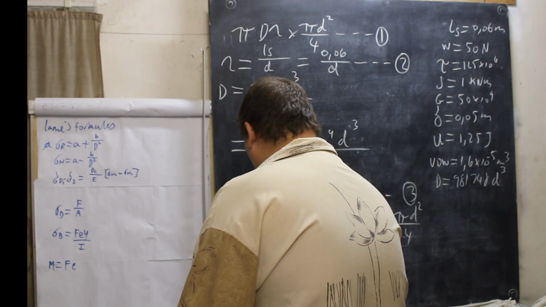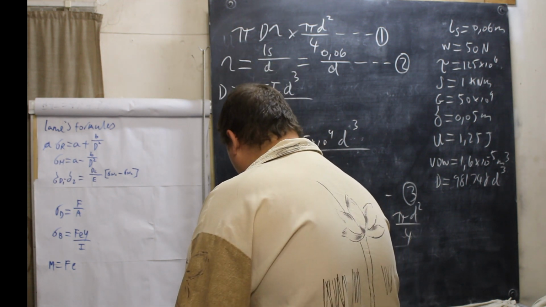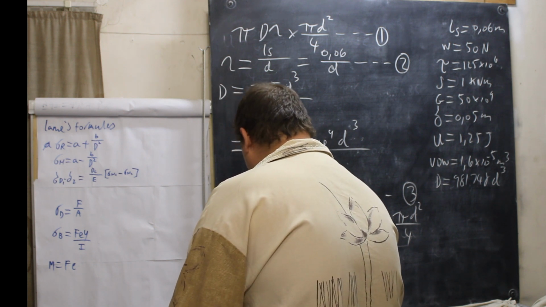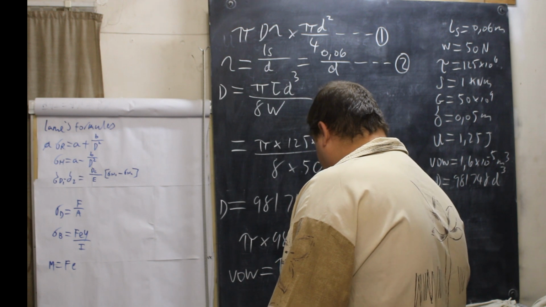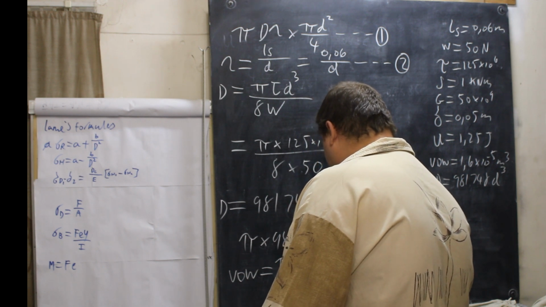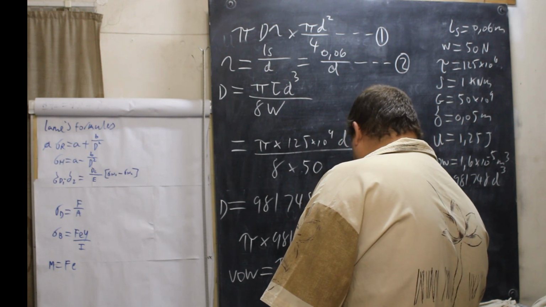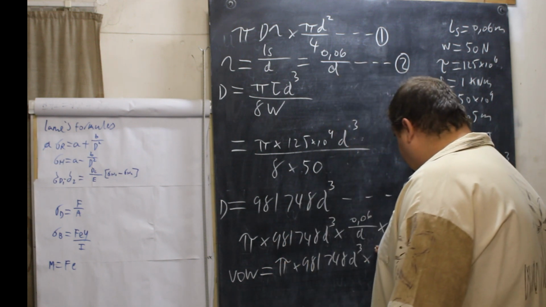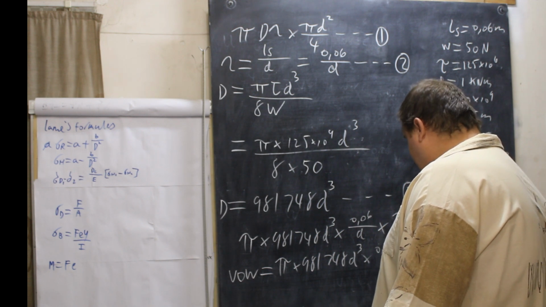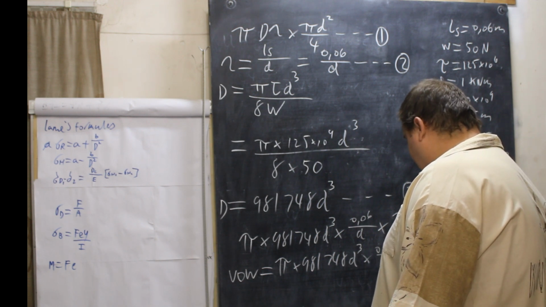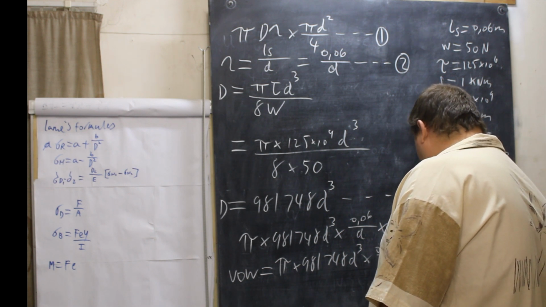Volume of wire equals pi times 981,748 d cubed times 0,06 over d times pi d squared over 4.